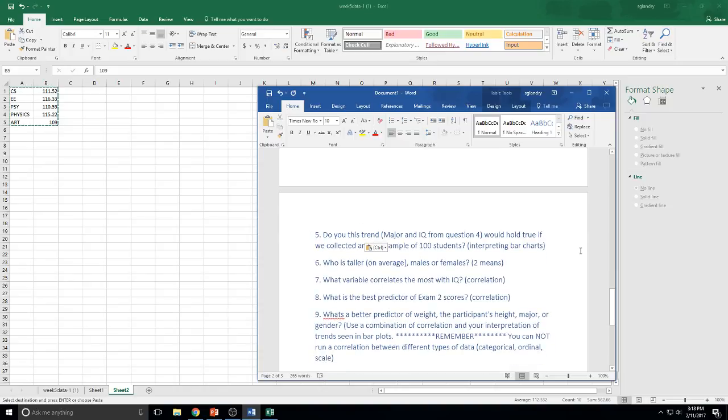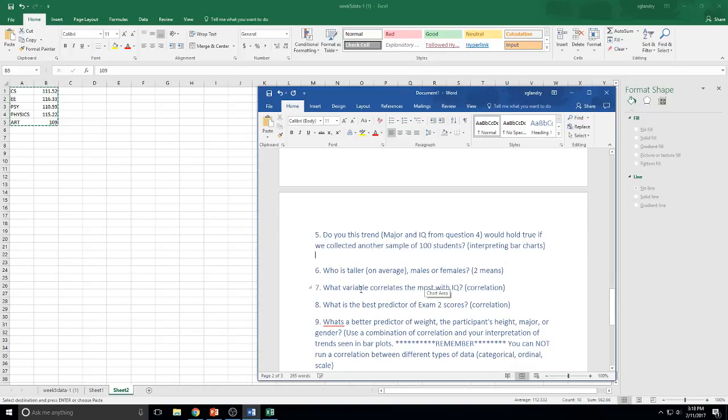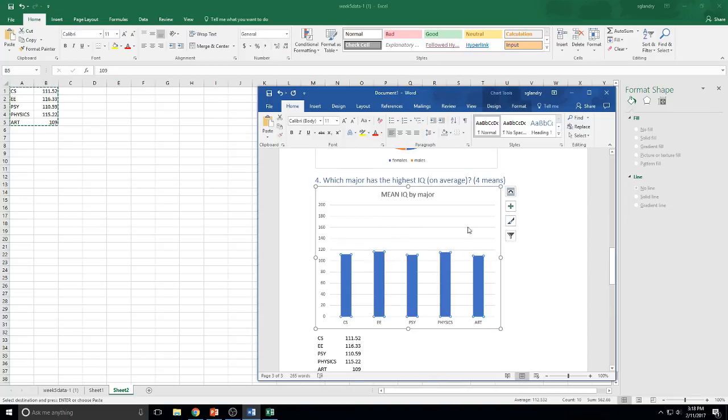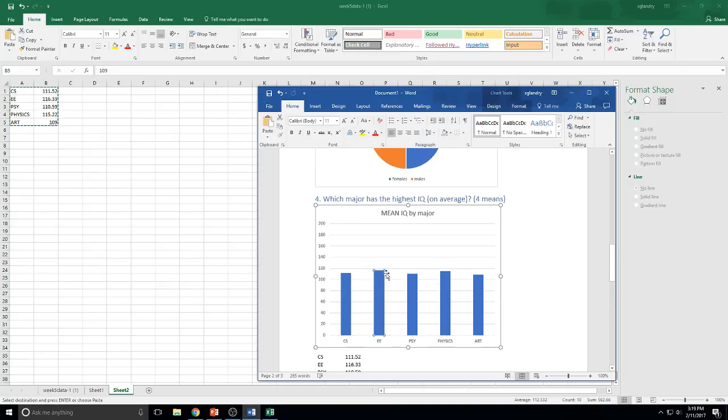Okay, do you think this trend would hold true if we collected more samples? Alright, so if I collected another 100 data points, if I did this same experiment again next year, do you think that it would still go in this order, right? So electrical engineering are just barely the highest, followed by physics, then CS, then art.